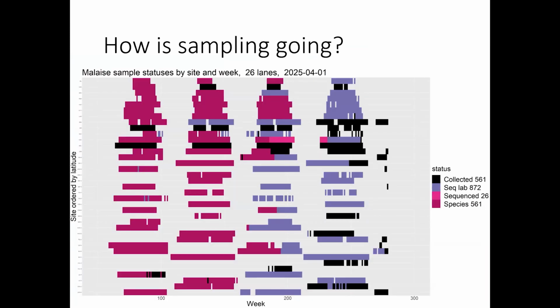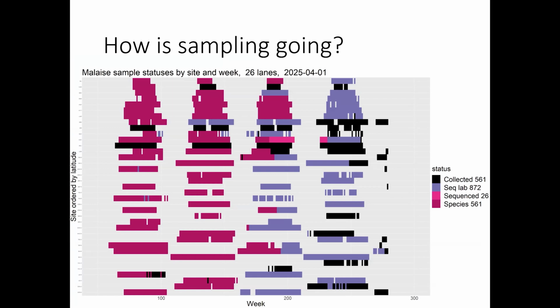How is sampling going? So in this image, I have just the eLTER sites. On the y-axis, they're sorted by latitude here. So the northernmost site is up top. And this shows 4 years of sampling. So these chunks along the time, the x-axis, you see years 2021, 2, 3, 4, and 2025 sampling is just getting started now.